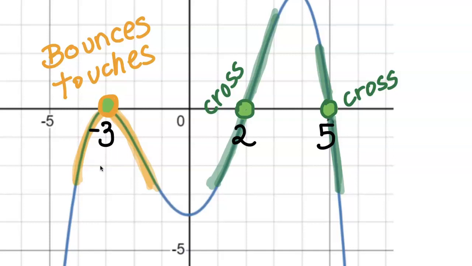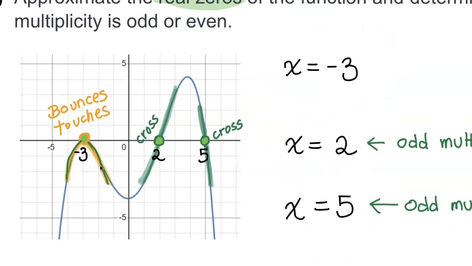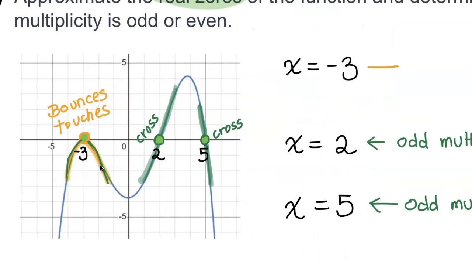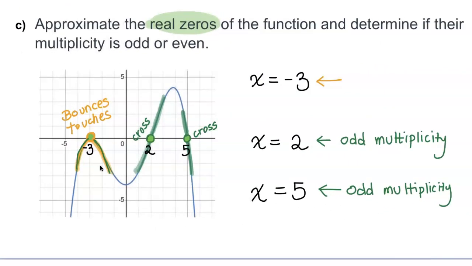So anytime the graph does not cross to the other side, but it just bounces off to where it came from, or it touches and goes back down, or goes back up, depending on where you're coming from, but if it doesn't cross to the other side, what we must know is that this is where the multiplicity is even.